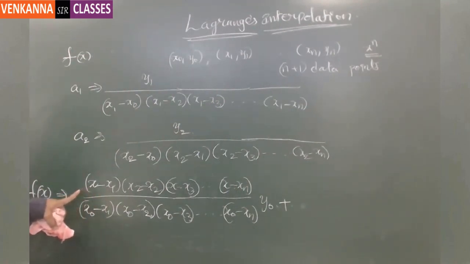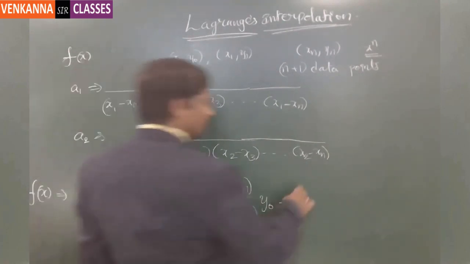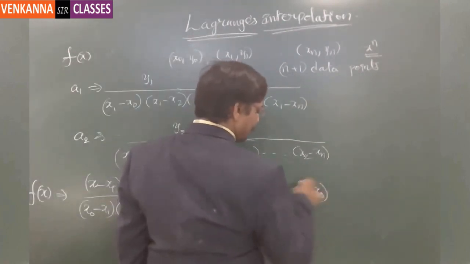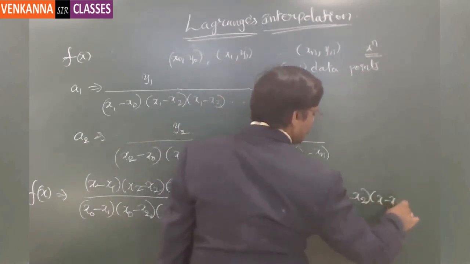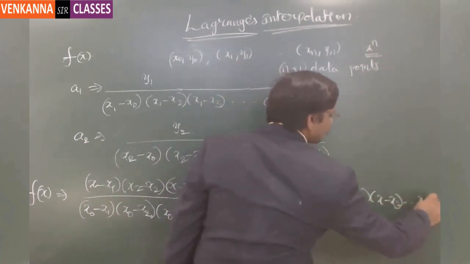and the second term, so x minus x1 it started and it left with x minus x0. So next one it has to start with x minus x0, x minus x2, x minus x3, dash dash dash x minus xn.